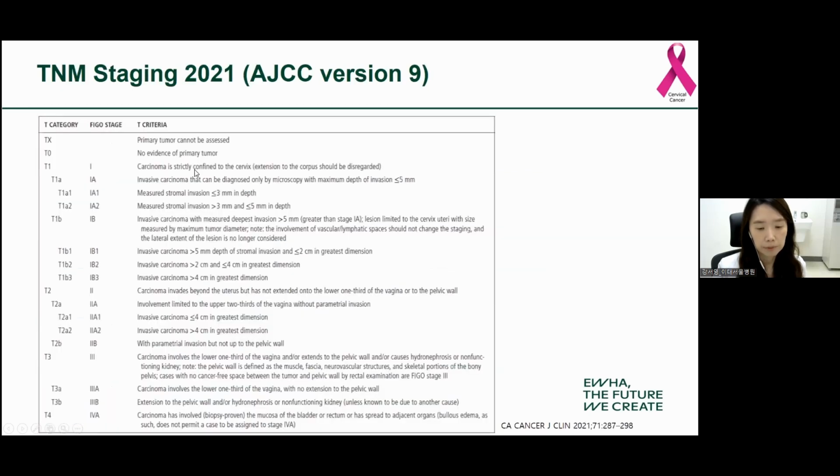So here is the TNM staging system for cervical cancer. The TNM system is produced by the American Joint Committee on Cancer, AJCC, and the International Union Against Cancer, UICC. The AJCC liaises with both the FIGO and the UICC in producing its TNM staging.